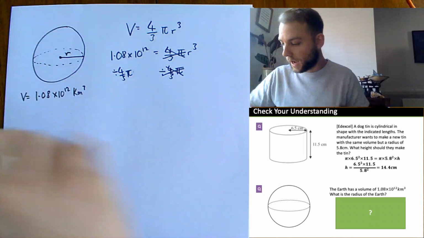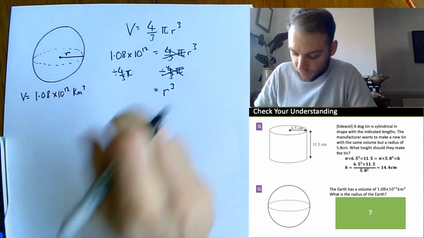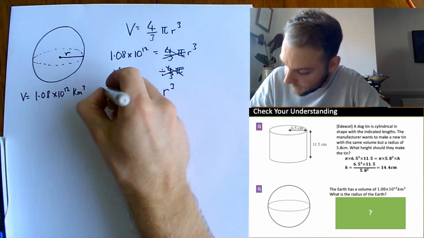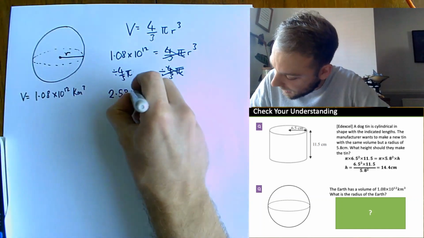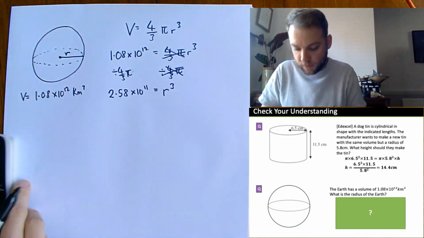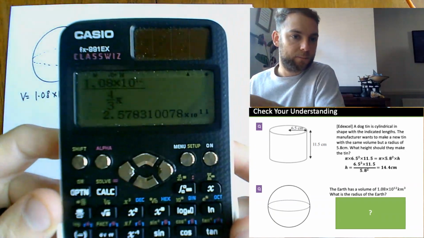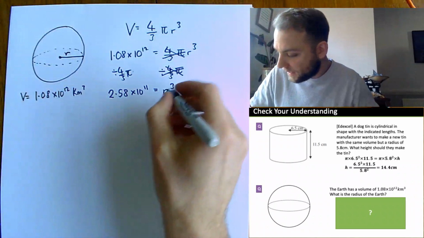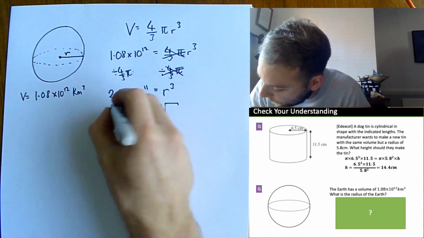Okay, so here I have the radius cubed is what's left over, is equal to, I'm going to do this to 2 decimal places, 2.58 in this case, times 10 to the 11. Notice I've rounded that up, 2.58. Okay. Next thing I need to do is get rid of this cube. Now the inverse of cubing is cube rooting both of these.